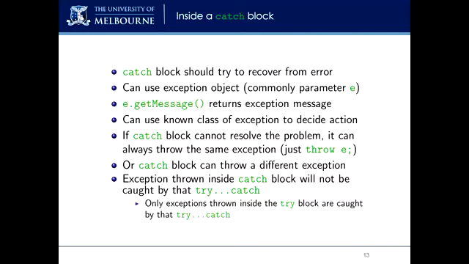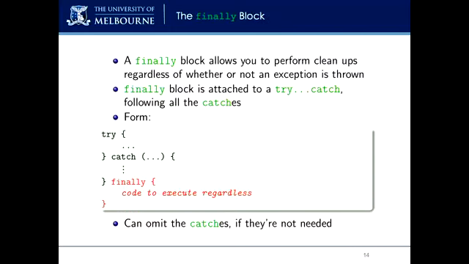So what we do is we have this concept called the finally block. The finally block is a block of code that you can implement with or without a catch that says it doesn't matter what happens, whether there's an error or not, this code will be run.